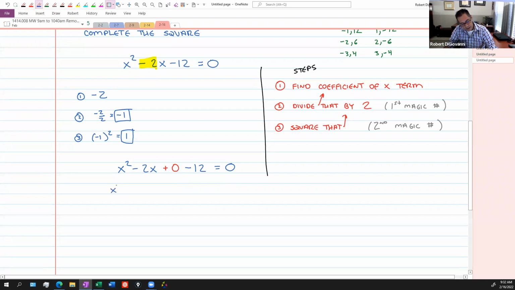Now I'm going to take this and rewrite this 0 in a very weird way. I'm going to rewrite it by taking my second magic number, which was the positive 1, and adding that magic number and subtracting the magic number. I'm adding and subtracting. So do you all agree that what's in red there is still 0?